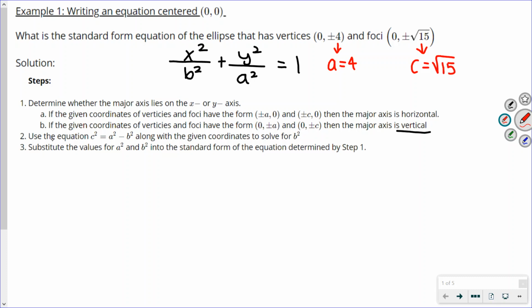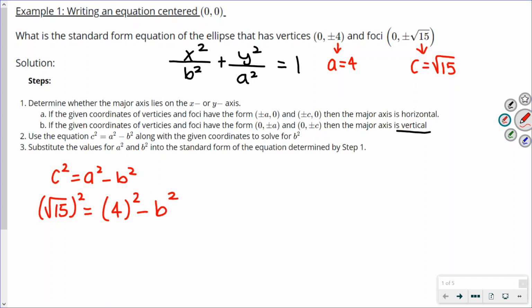So now for number 2, we're going to use the equation c squared equals a squared minus b squared to find out what b squared is. So let's plug in our c is the square root of 15, a is 4, and we're looking for b.